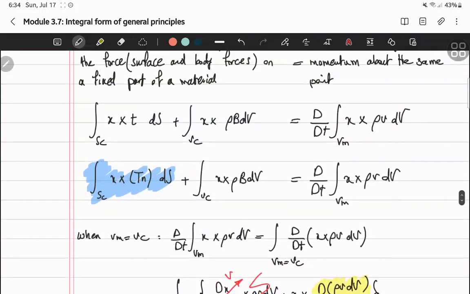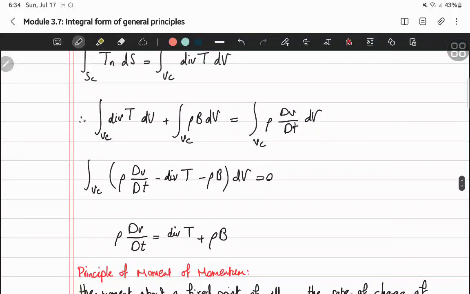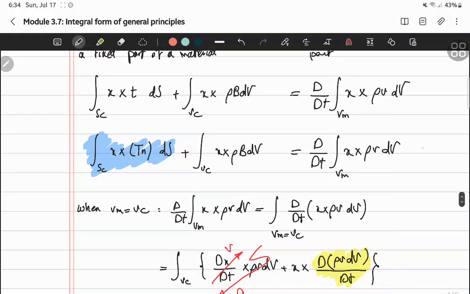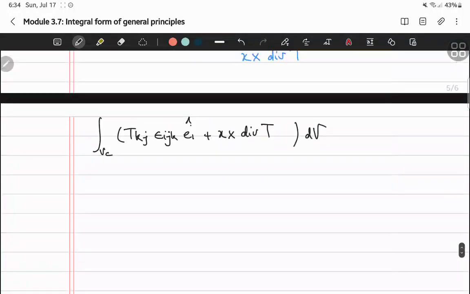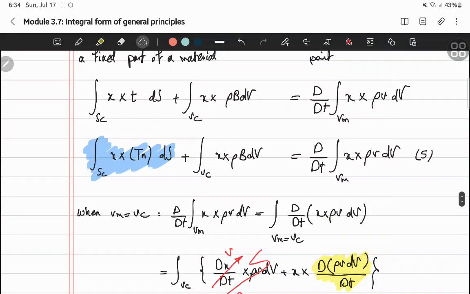And then we also have this in here, so the last one was 4, I guess, so this is 5. So then we have x cross rho b over Vc, rho b dV. This is equal to this.